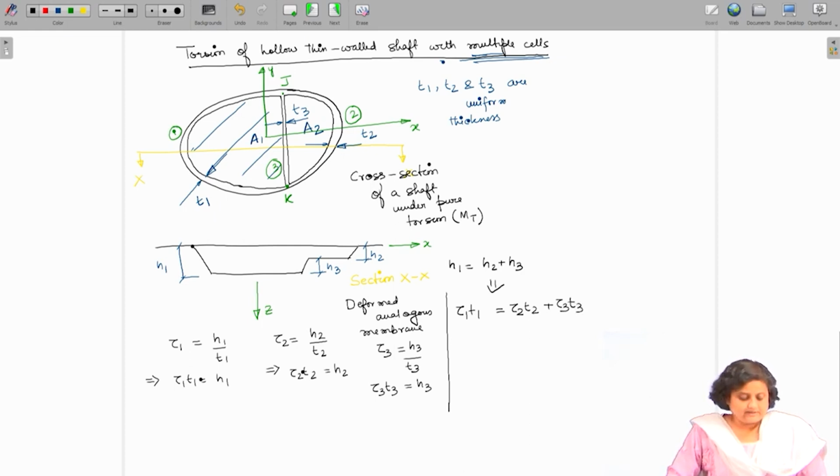Now, tau 1 T1 is nothing but Q1, tau 2 T2 is Q2 and tau 3 T3 is Q3.